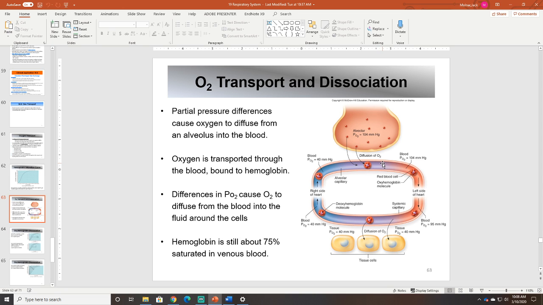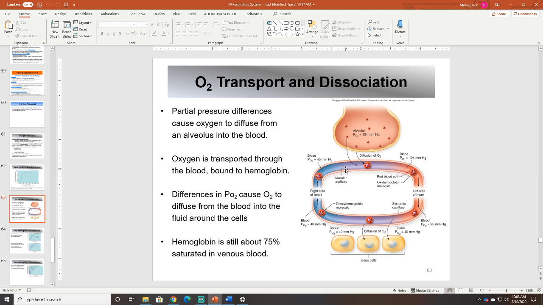And now at the venous end of the pulmonary capillaries, partial pressure is going to be about 104 millimeters mercury, so back up to normal. Then as we travel through the tissues, we're going to drop to 95 and then down to, again, 40 millimeters mercury at the tissues and return to the pulmonary arteries.